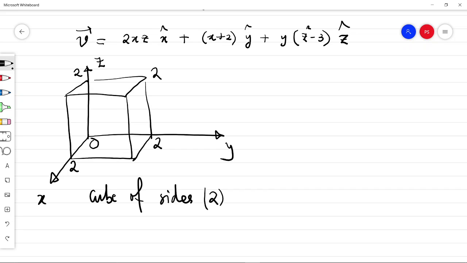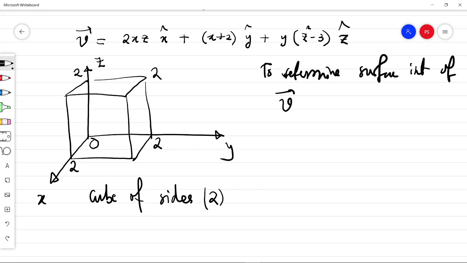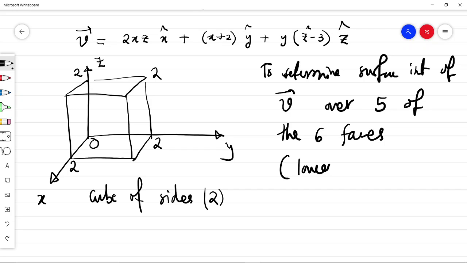Now in this case, we are asked to determine a surface integral of v bar over 5 of the 6 faces. The surface to neglect is the lower, or the bottom surface, which is not considered here.